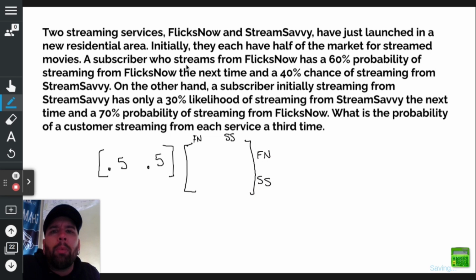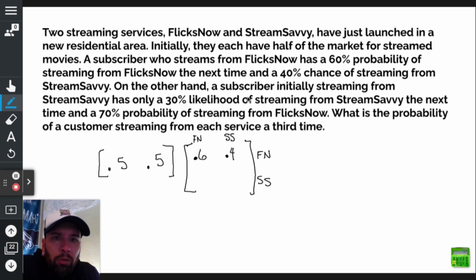A subscriber who streams from FlixNow has a 60% probability of streaming from FlixNow the next time. So 60% means you're going to be 0.6 when these line up, which makes you 0.4, because each row left to right is supposed to add up to 1.